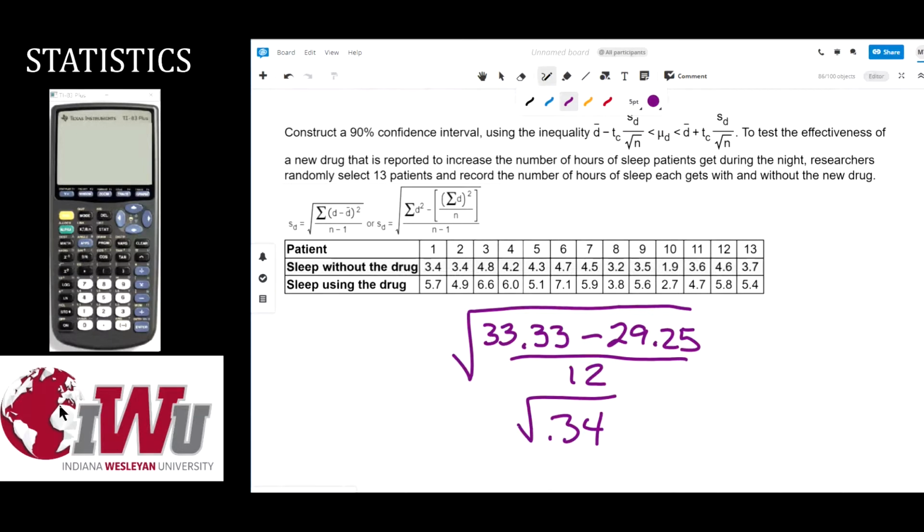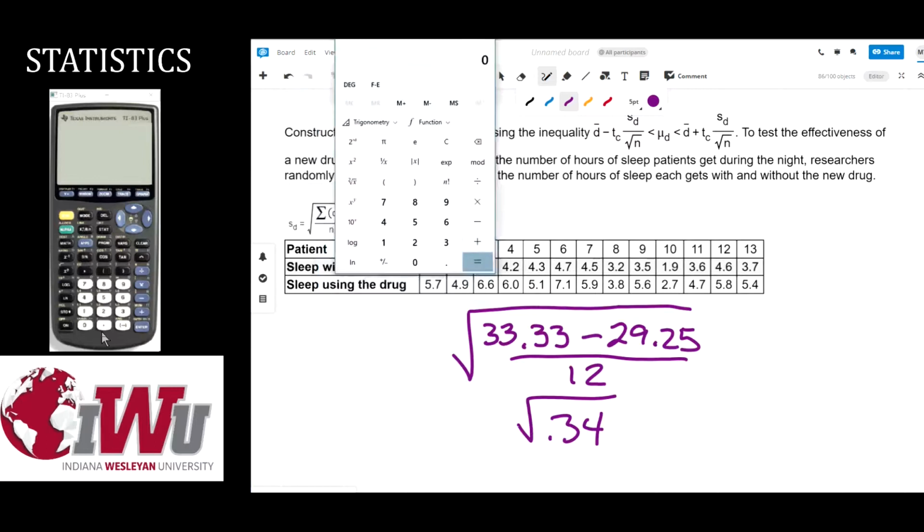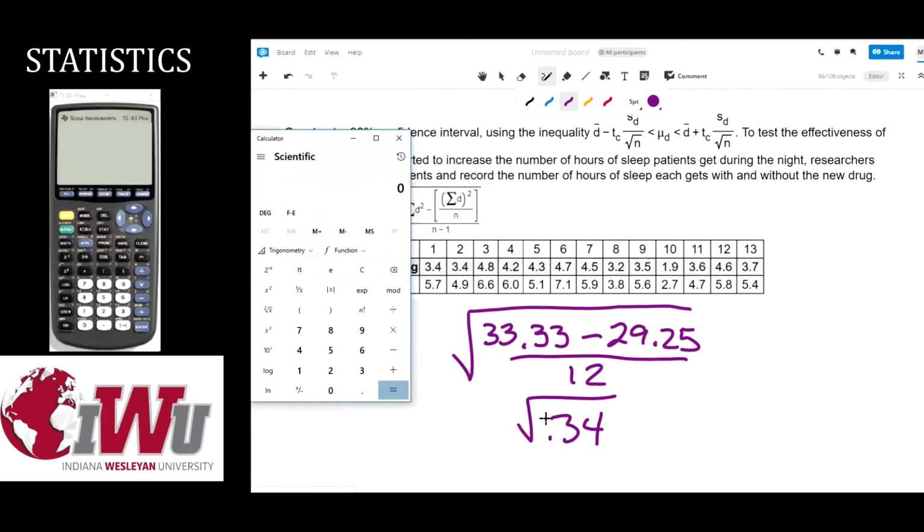All right, great. So 0.34, let's just get up a calculator real quick. A simple one is fine. We just want the square root of that. So 0.34, root that, and we end up with 0.58309.